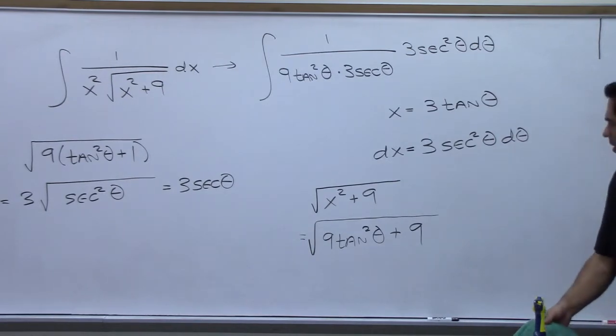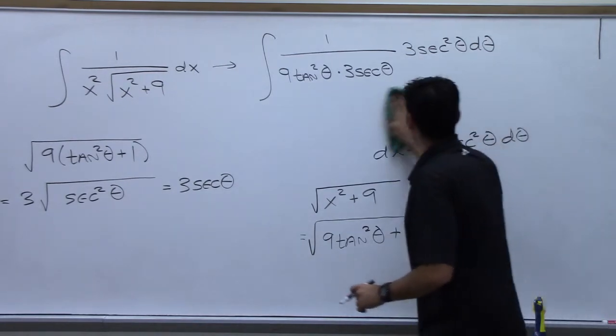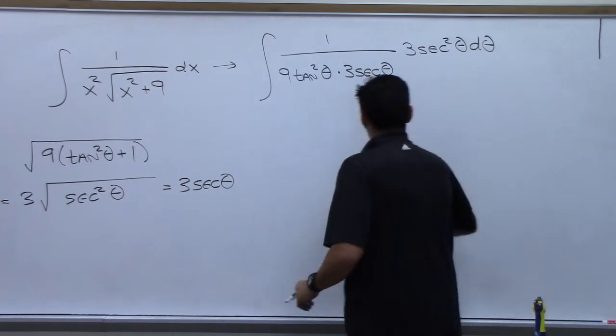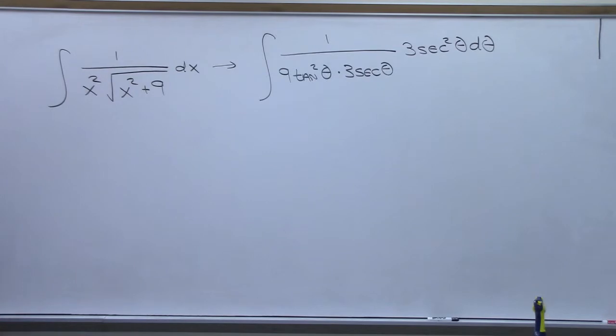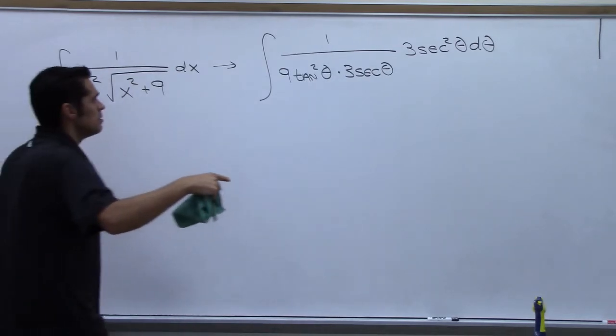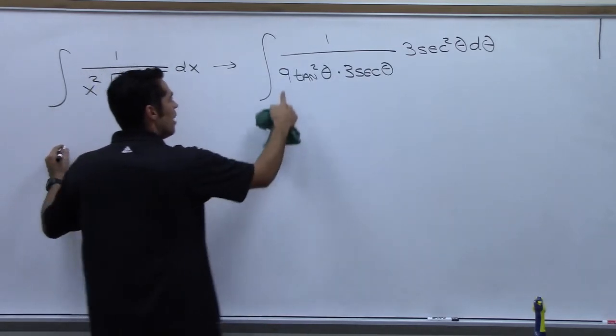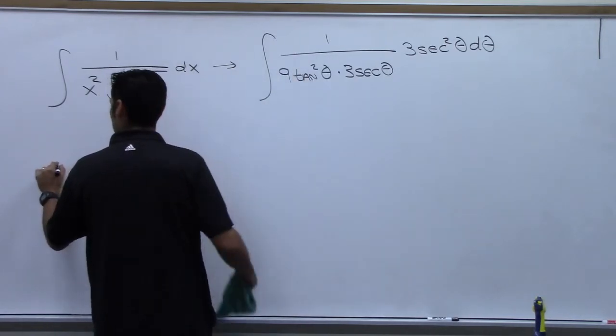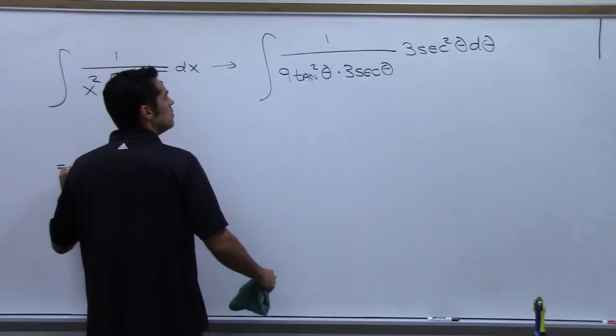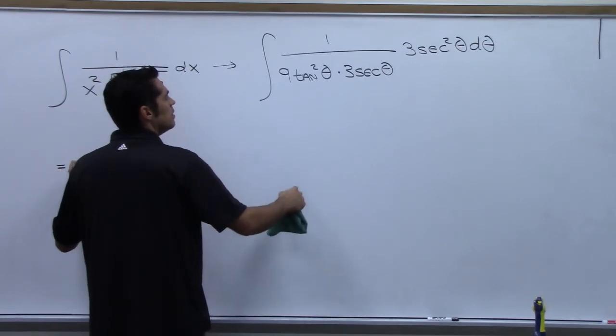Now I do get some things to cancel here, don't I? Those 3's are gone, aren't they? 3 on top and 3 on bottom. One of the secants cancels, and a 9 on the bottom can come out as a 1/9 on the outside.